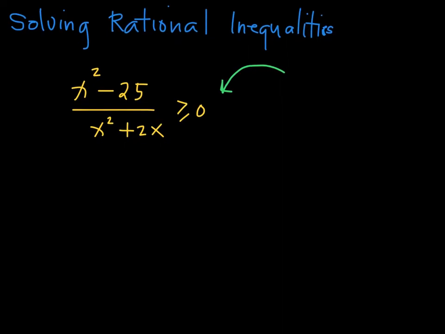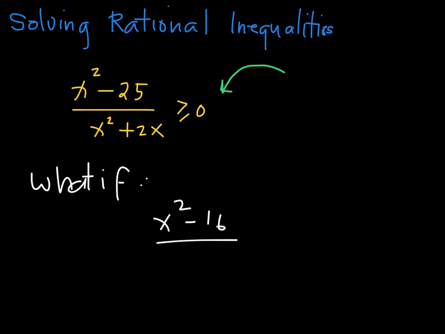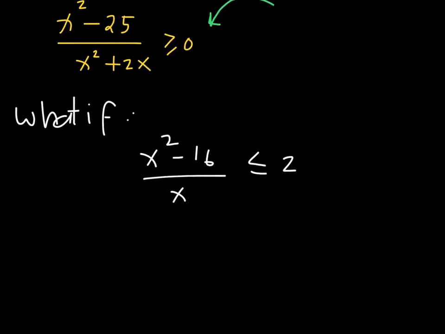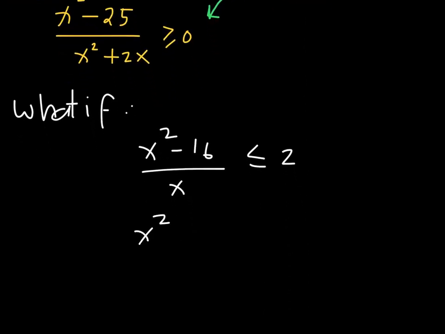For instance, if the rational inequality given was x squared minus 16 over x less than or equal to 2, then you have to transpose 2 first to the other side to make the right side equal to 0.